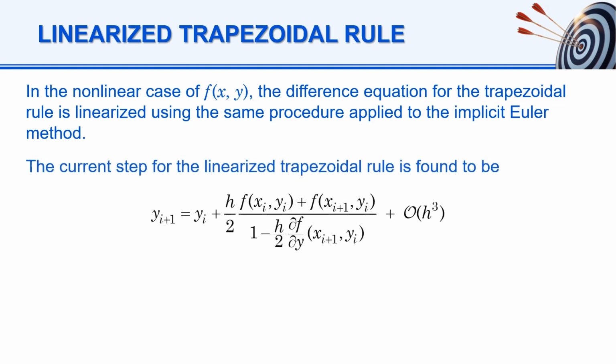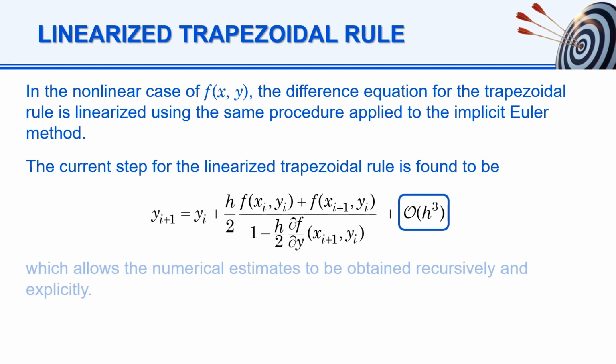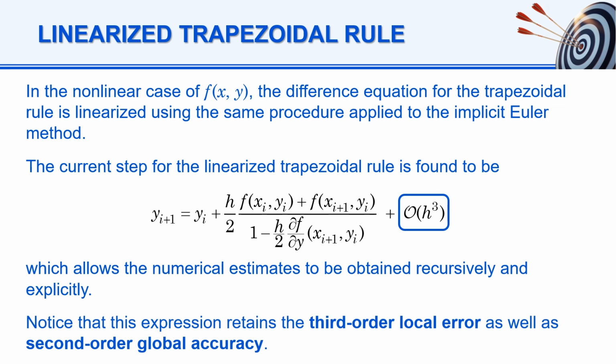The current step for the linearized trapezoidal rule is found to be, which allows the numerical estimates to be obtained recursively and explicitly. Notice that this expression retains the third-order local error as well as second-order global accuracy.